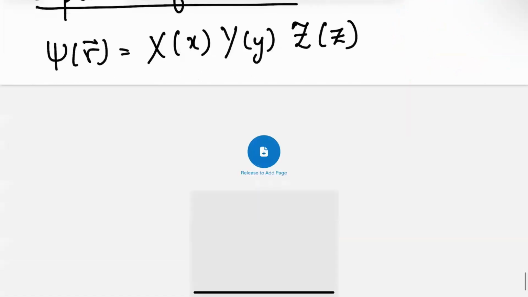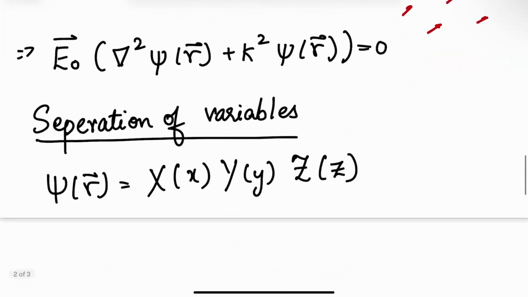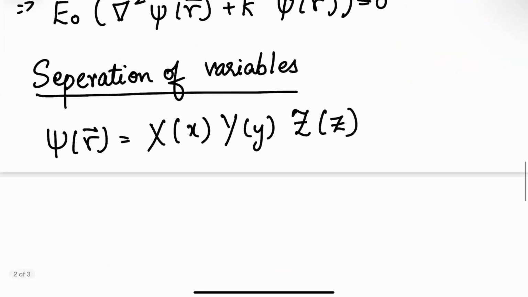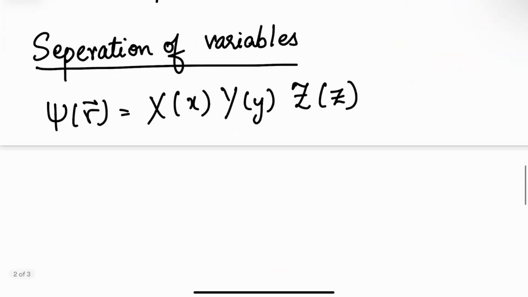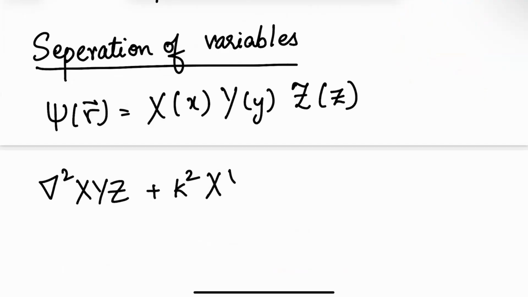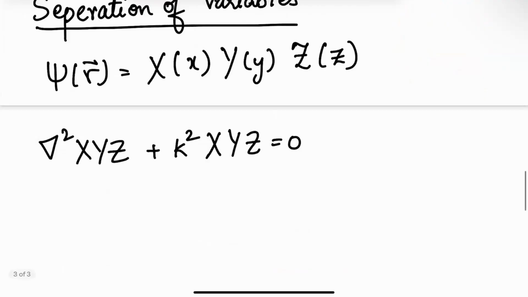We substitute this into this equation, set it to 0, and see what we get. Essentially we have the Laplacian of capital XYZ plus k squared capital XYZ equal to 0. Then I'll divide by capital XYZ on both sides.